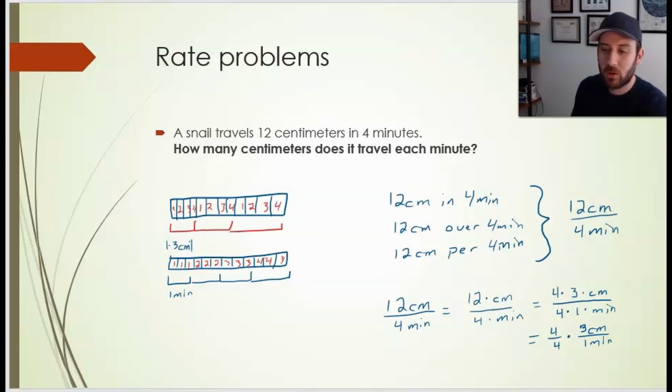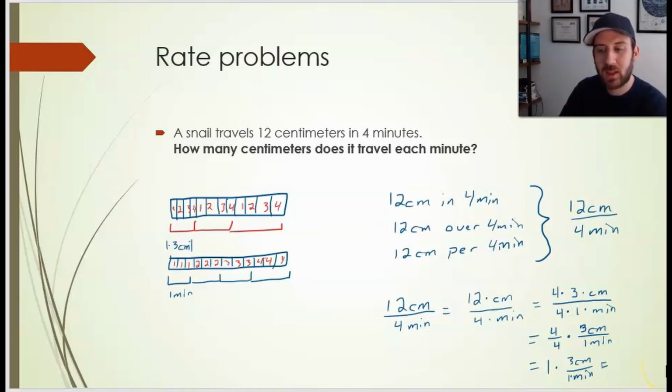And 4 divided by 4 is just simply 1. So that simplifies away to 1 times 3 centimeters per minute. If we want to simplify even more, we can recognize that 1 times anything is just going to leave us with exactly what we had.